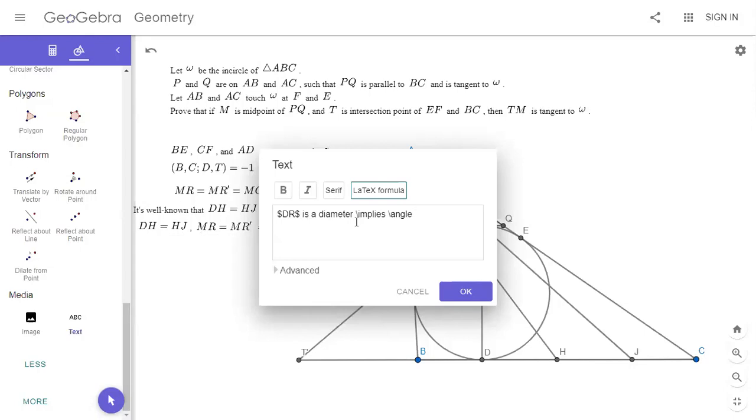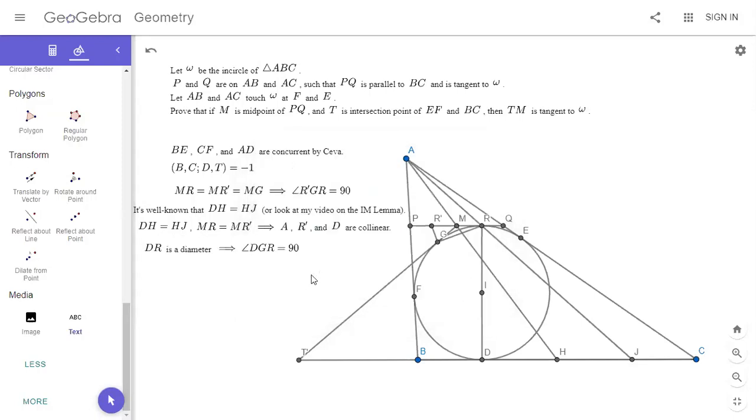Yeah, DGR is equal to 90 degrees. Okay. And if that's true, that means D, G, and R prime are collinear.